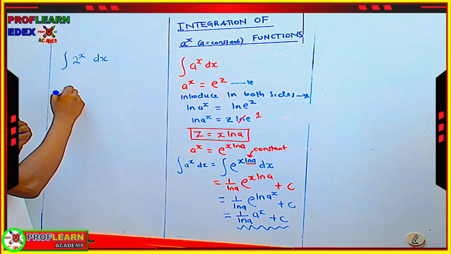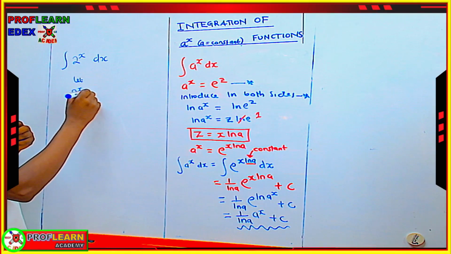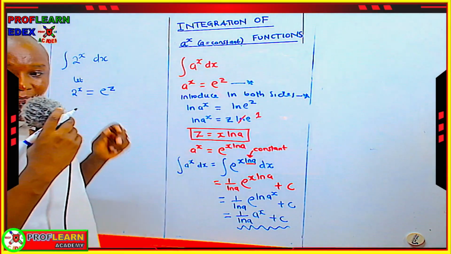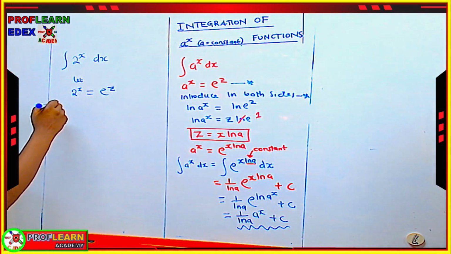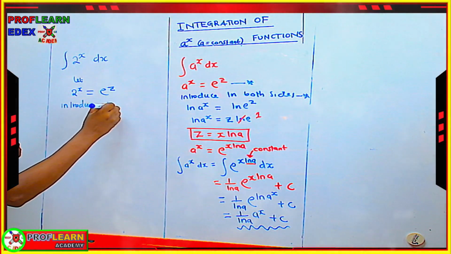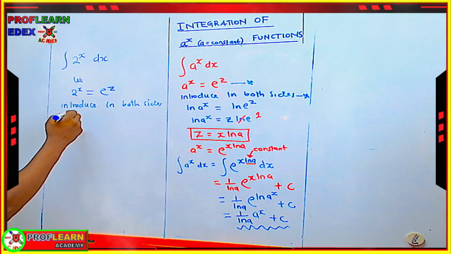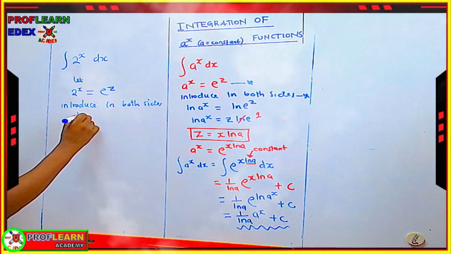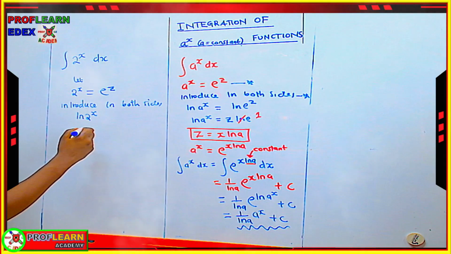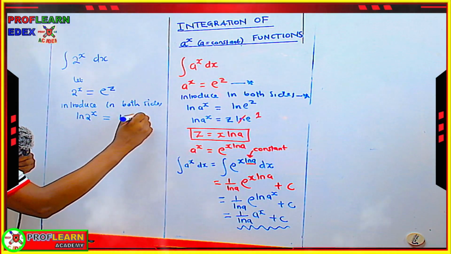First, we let 2^x be equal to e^z, so that we can find dz in order to perform the integration. Then we introduce ln on both sides, and this becomes ln 2^x equals ln e^z.